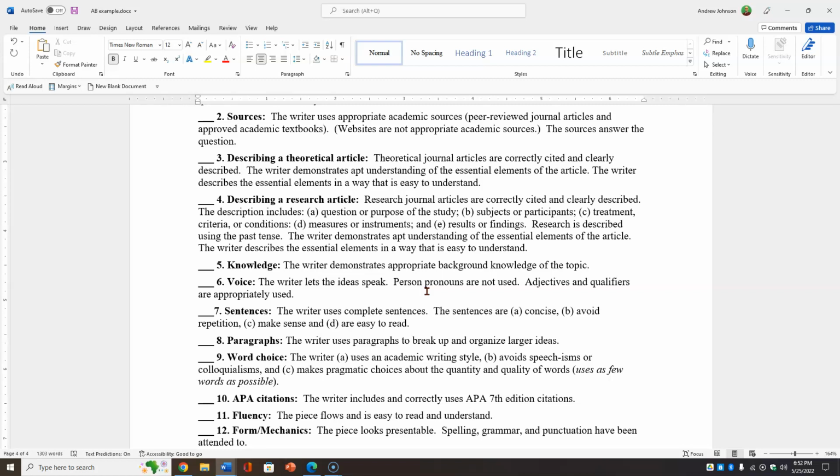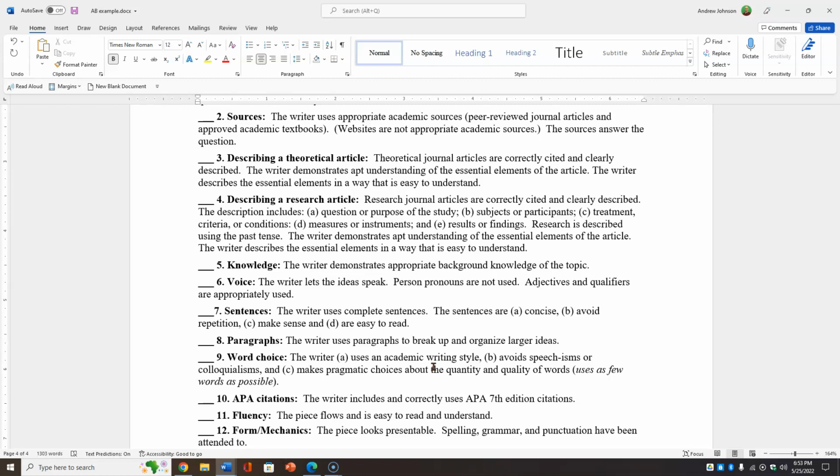You want to let the ideas speak. We should not see personal pronouns: I, me, we, you, don't use them. Adjectives, qualifiers, really, really, don't use them or use them very seldom. You want to use as few words as possible to describe the article, and that's where that balance is.